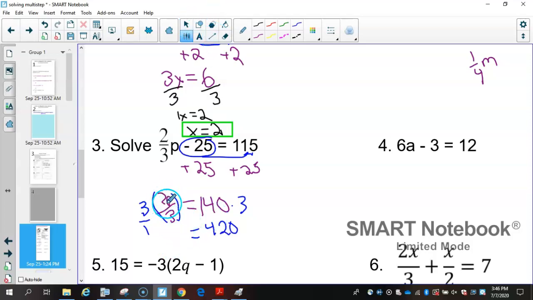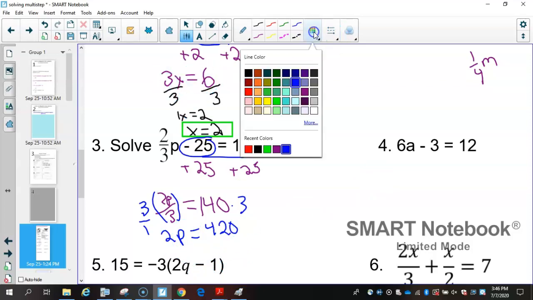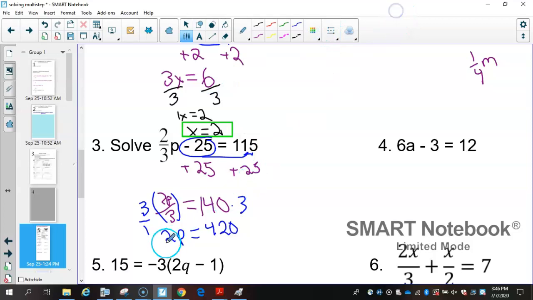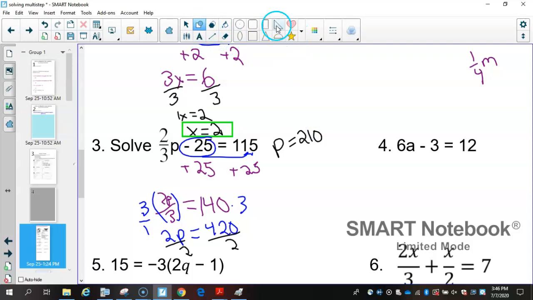So all that's left is just 2p. This step looks very similar to what we did up here. So from here we would need to divide both sides by 2. To get 210. So I'm going to put that up here. P equals 210. Draw my little box.